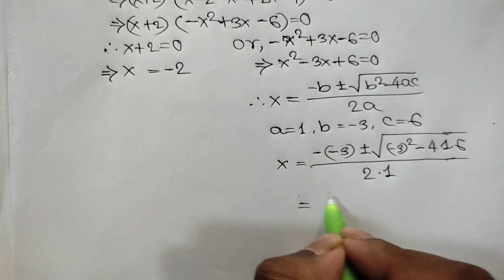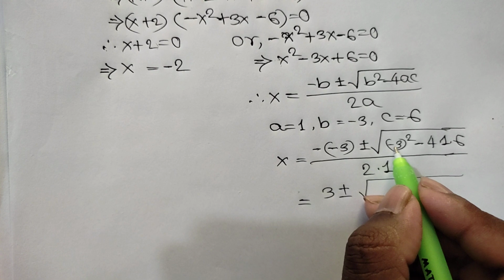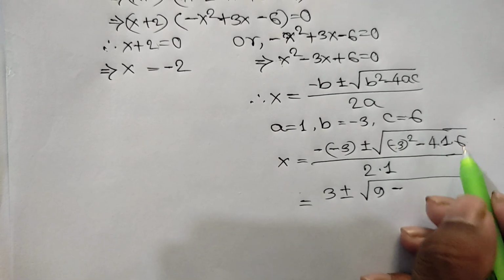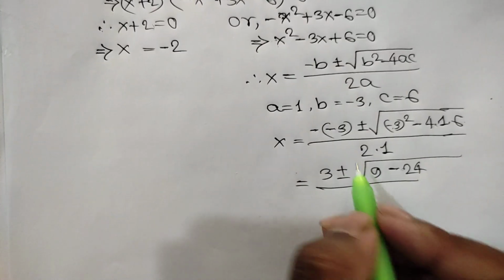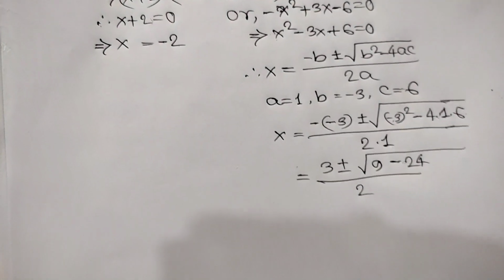Minus times minus is plus, plus or minus square root of minus 3 square that means 9, minus 4 times 1 times 6 that means 24, over 2.